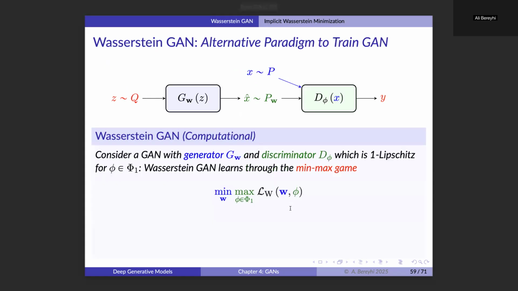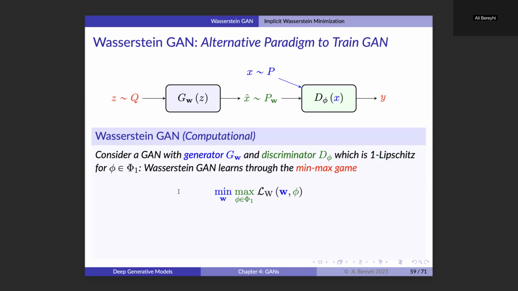So in a form of way, if we want to think about a Wasserstein GAN in a computational way, it's a GAN. So we have a GAN. It has a generator with parameters W. It has a discriminator with parameter phi. But one thing that we do know here is that there is a set phi1 where every single set of discriminator model parameters here is going to be guaranteed to be one Lipschitz, right?